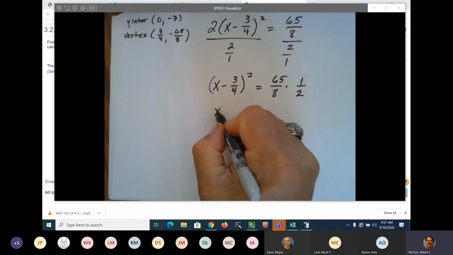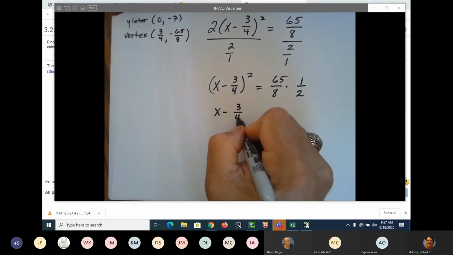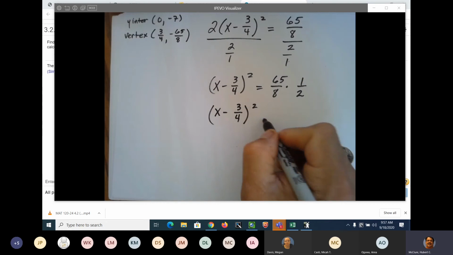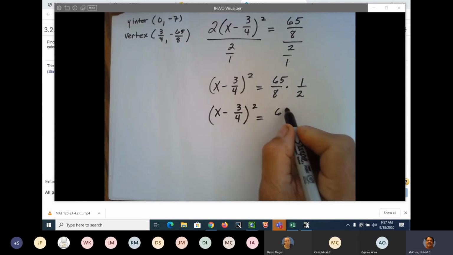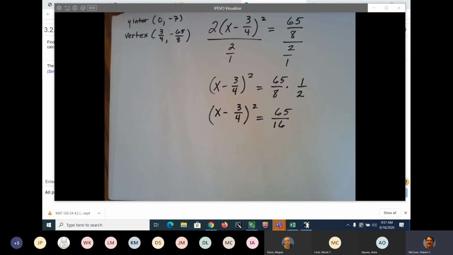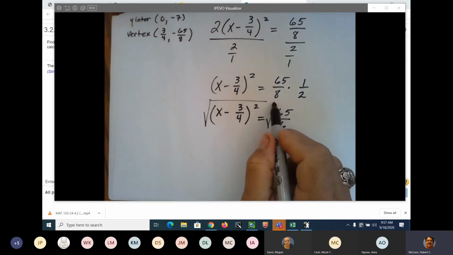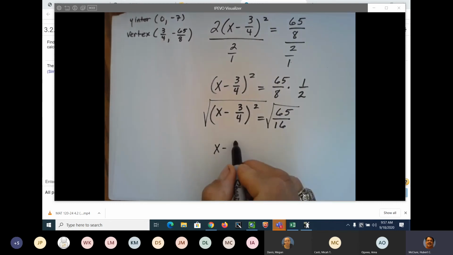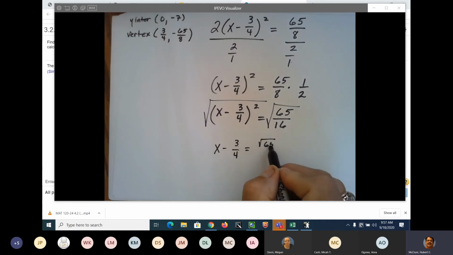All right, x minus 3/4 quantity squared is equal to 65 over 16. Take the square root of both sides. X minus 3/4 is equal to plus or minus the square root of 65 over 4.